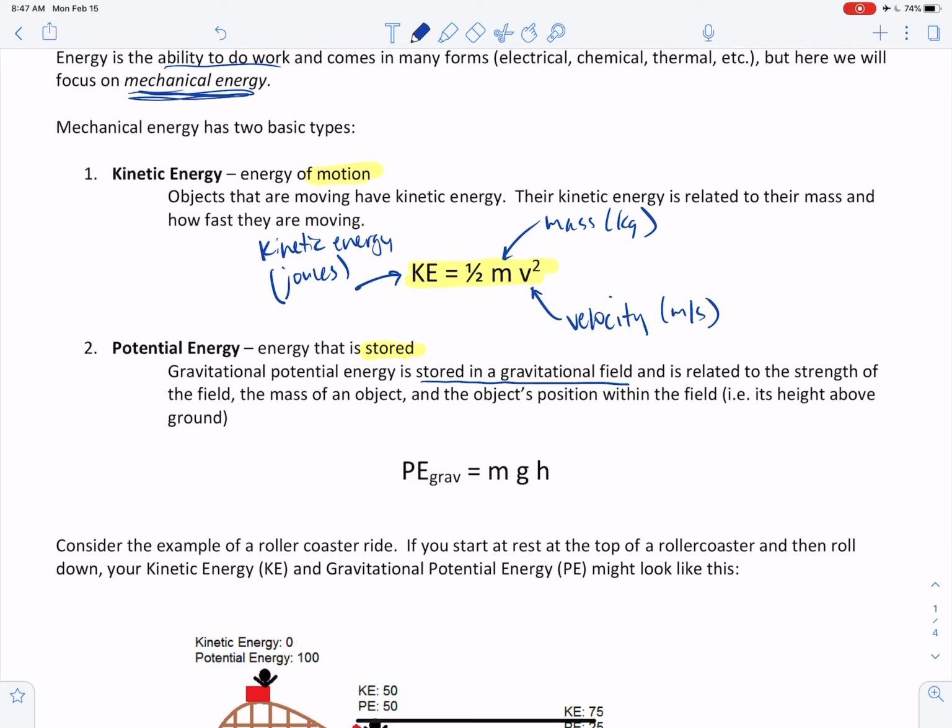So gravitational potential energy is mgh. We've got mass times gravity times height. And I'm just going to label these. M for mass. Again, that's in kilograms. And g is for the acceleration due to gravity.